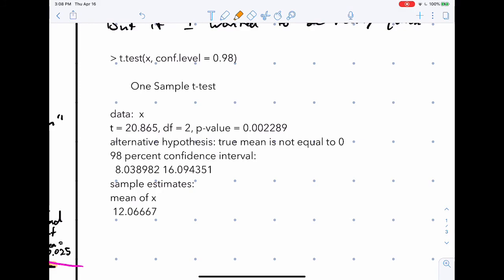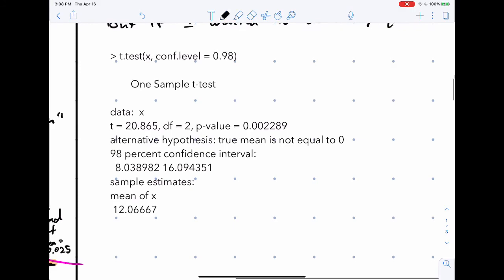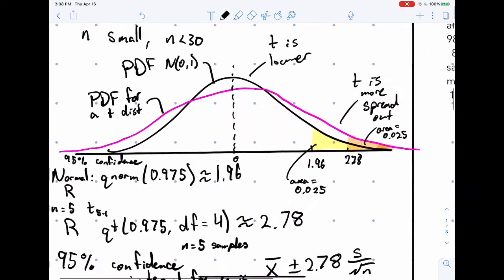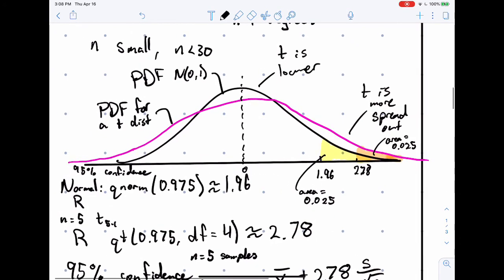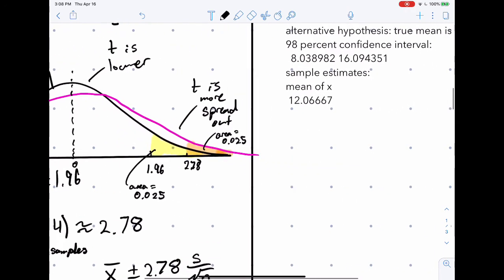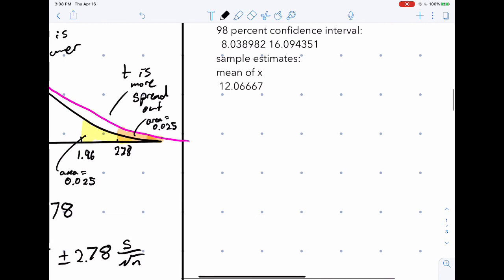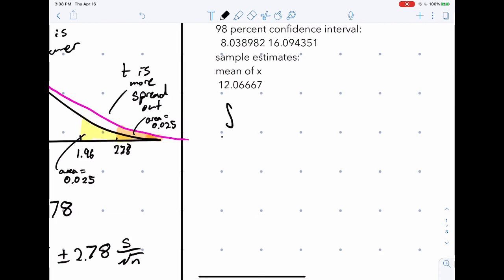One other thing, a couple of interesting things to mention about the t distribution while we're talking about it, is that a t distribution with degrees of freedom 1 doesn't have a mean value. The mean is undefined for a t distribution because it's so spread out. The expectation is the integral from negative infinity to positive infinity of x f of x dx.